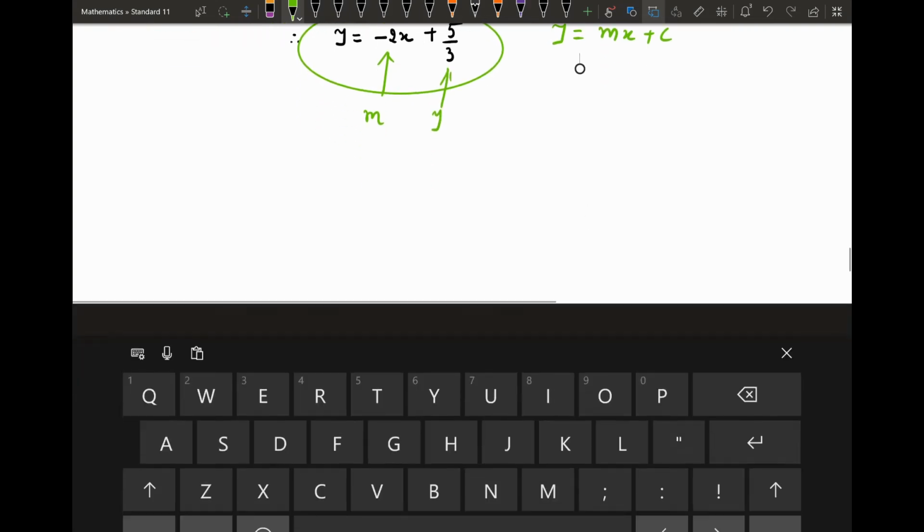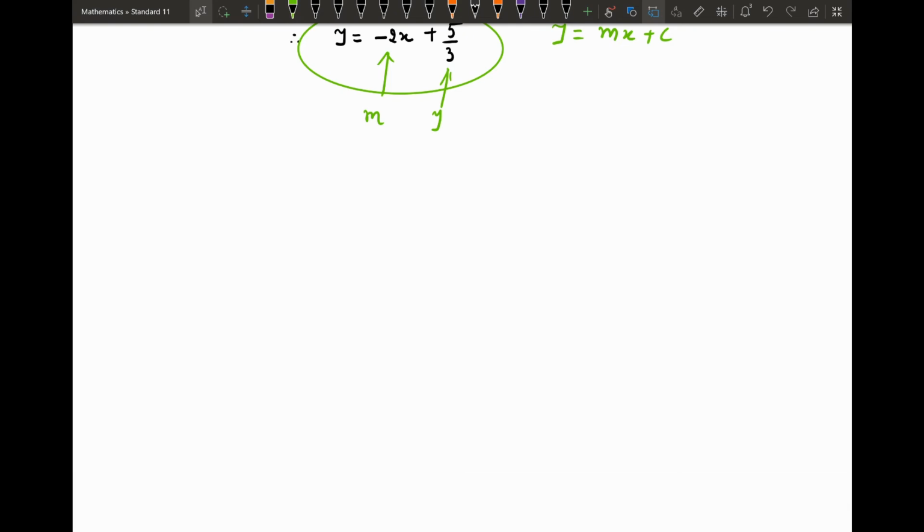So on comparing with y equal to mx plus c, we get slope m equal to minus 2 and y-intercept c equal to 5/3.